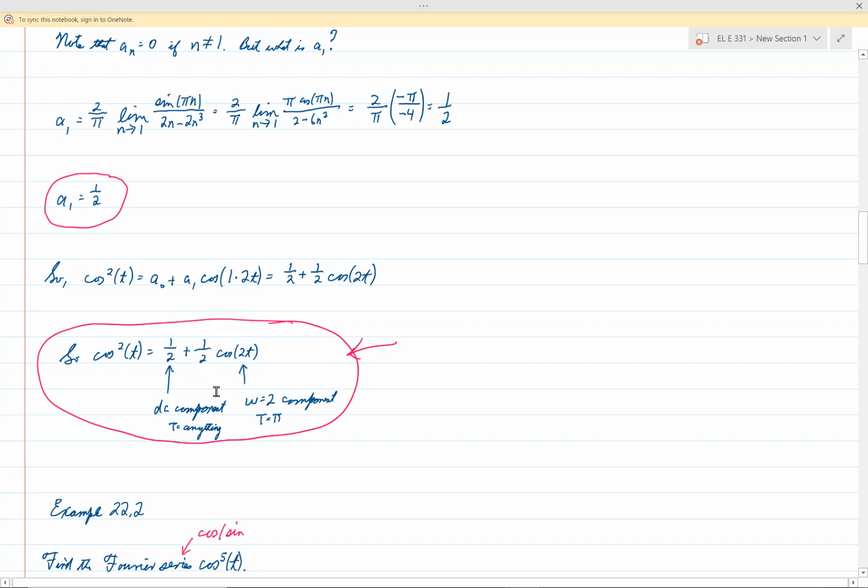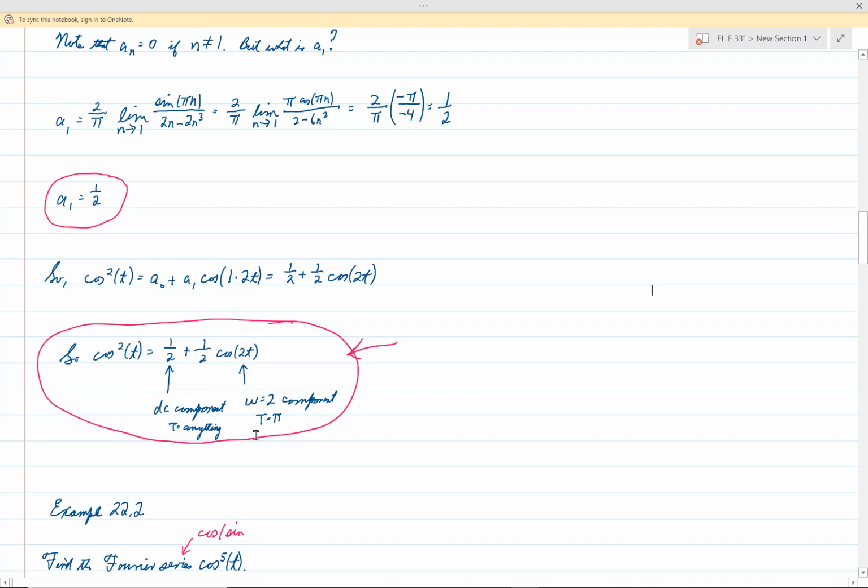One more comment I would like to make is that the period of this dc component can be considered to be anything. We don't generally talk about the period of a constant signal, because anything you picked would work. But the period of this term that has omega equals 2 is pi.